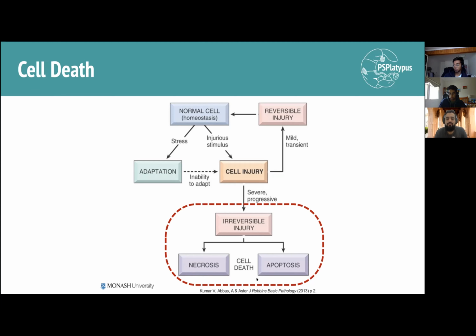So cell death is a result of irreversible injury. The cells will not be able to adapt to this injury or regenerate because the injury is severe, continuous, and progressive. And we have 2 main pathways, apoptosis and necrosis.